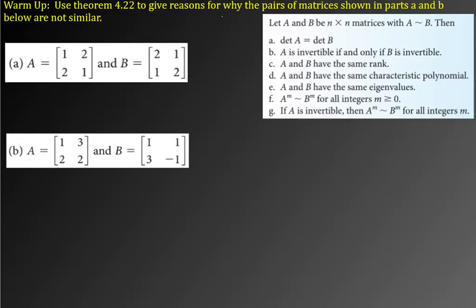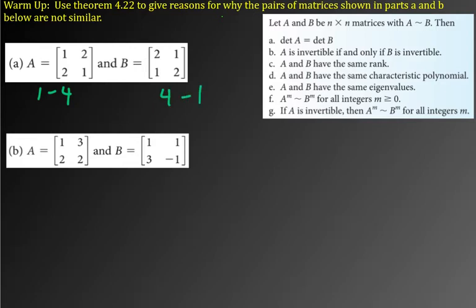So it's not always super clear, but if you look through, both of these are not similar, okay? And if you look at this one, if we just check determinant of A, determinant of B, you can see that this one is going to be 1 minus 4, and this one's going to be 4 minus 1.